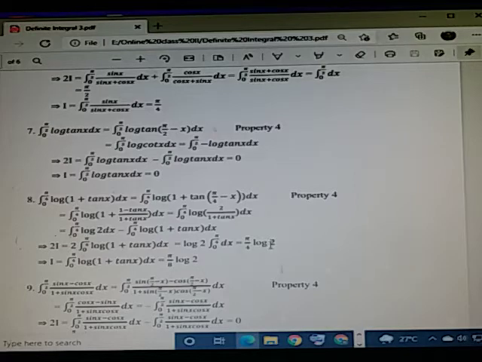Remember this thing: the base is e. This property is always for base e only, and only the logarithm is used, not the derivative.